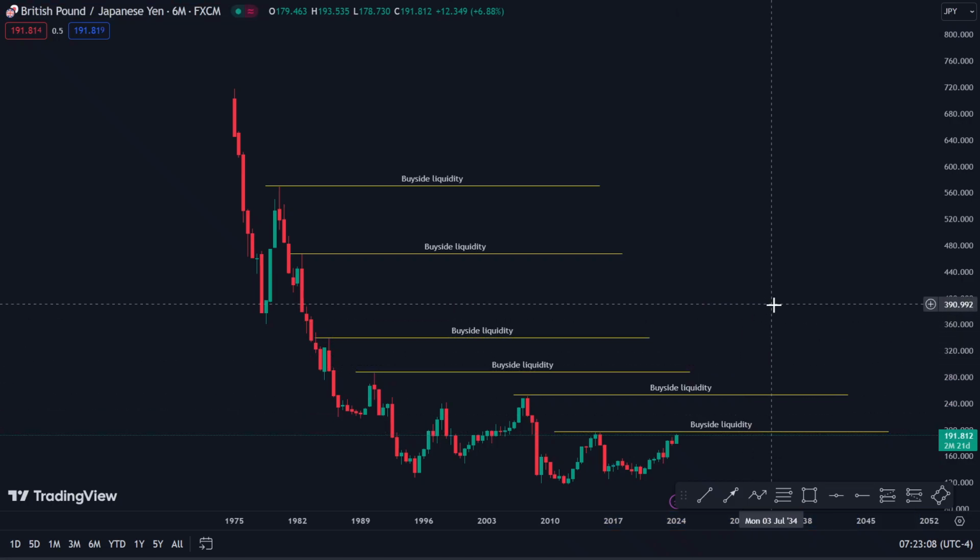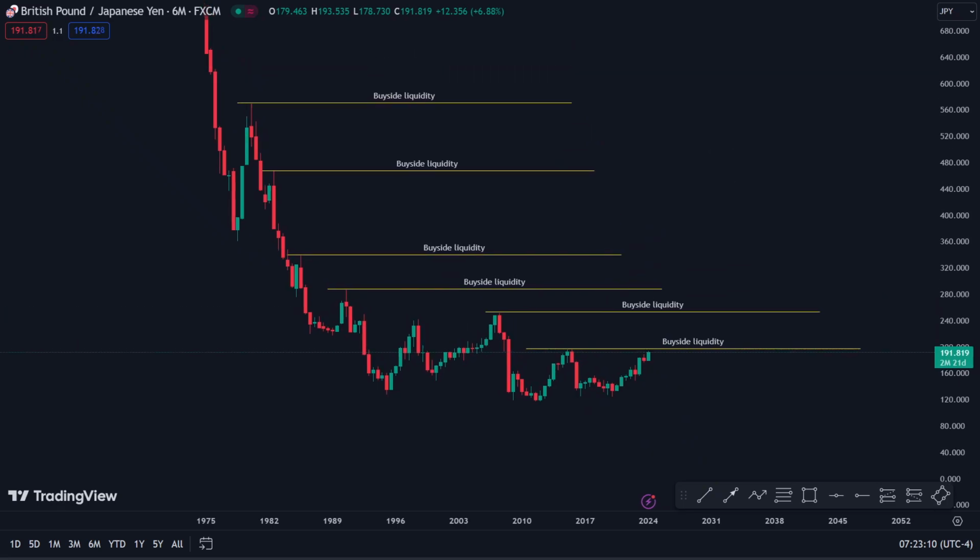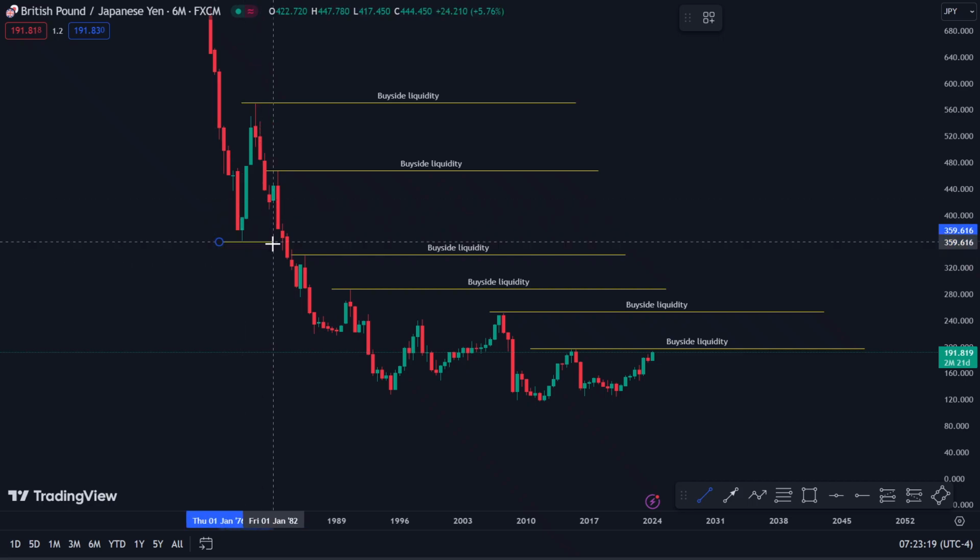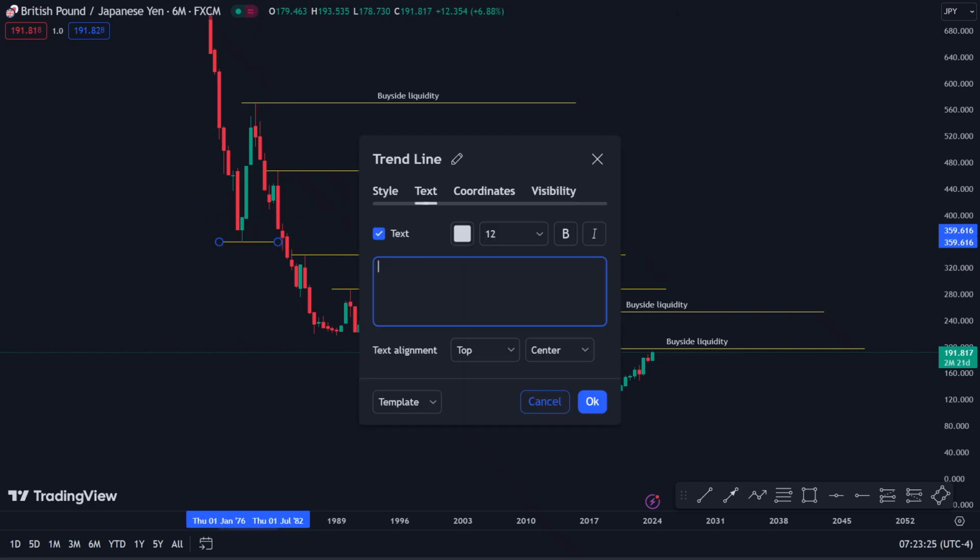Let's move on to the swing lows, where we have sell side liquidity. We had this swing low, we had that swing low, we had sell side liquidity.